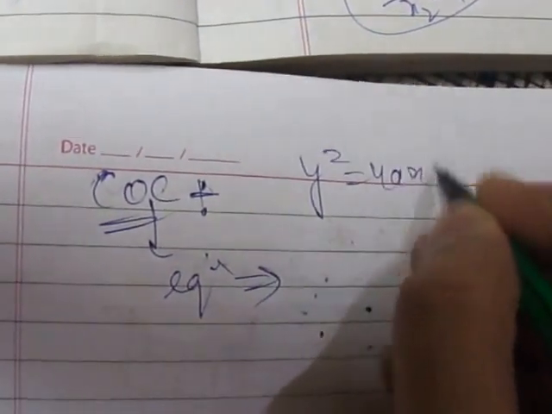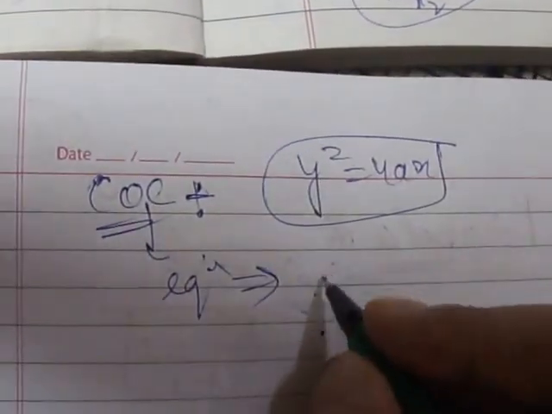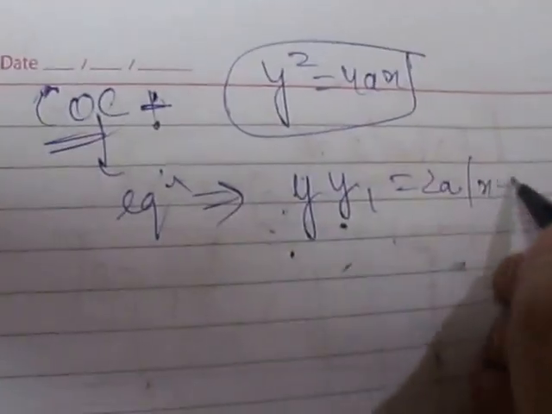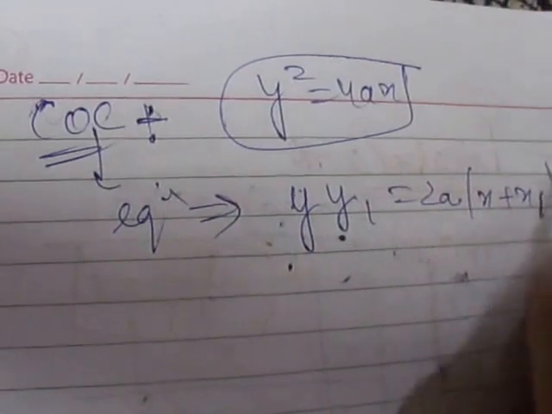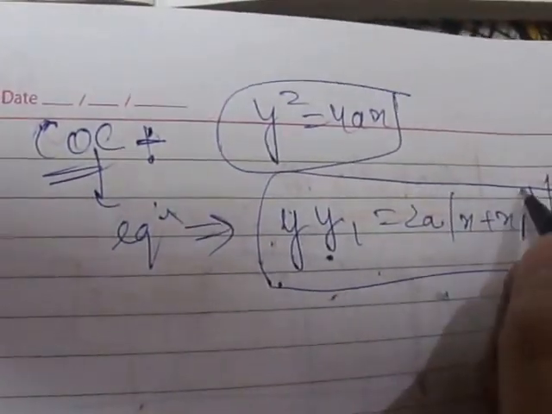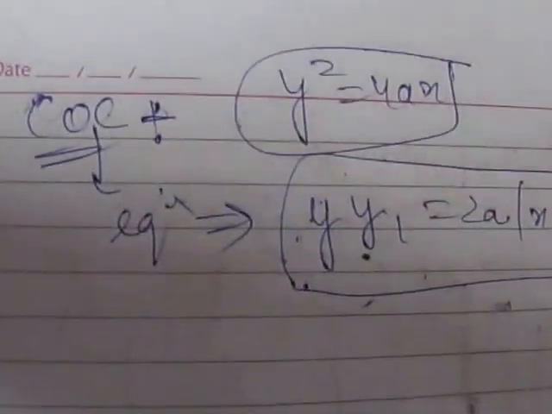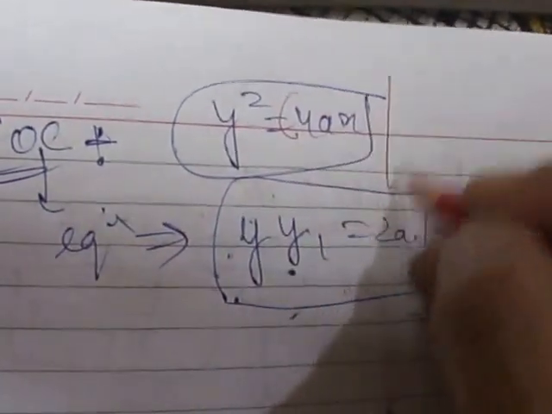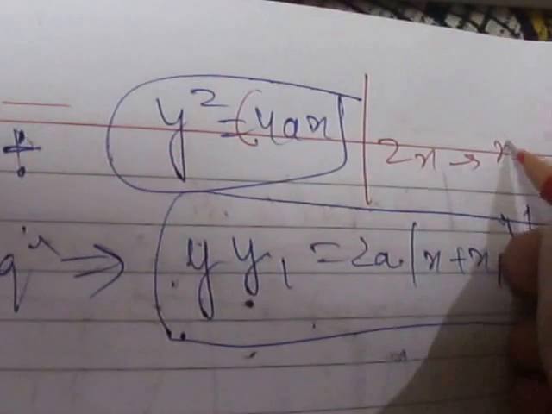So the equation is y1 y equals 2a times x plus x1, from 4ax. I have told you this in earlier classes that we have to replace 2x by x plus x1.